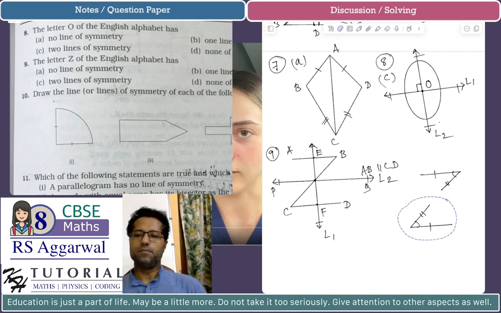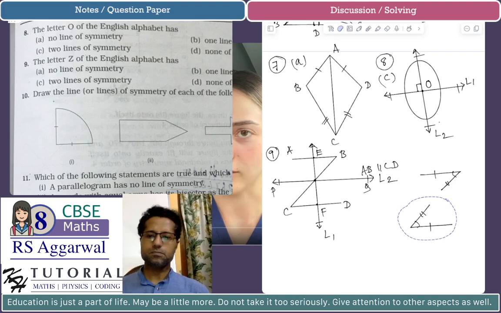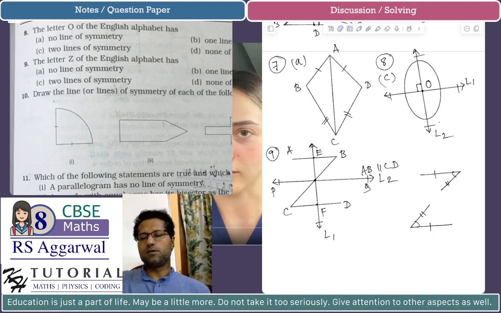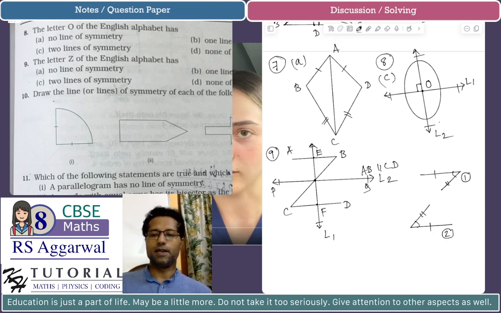Now, so we have drawn the upper part of the letter Z, the part of the letter Z above the line L2. Let's say this is part 1, the part of the letter Z above the line L2, and this is the part of the letter Z below the line L2.